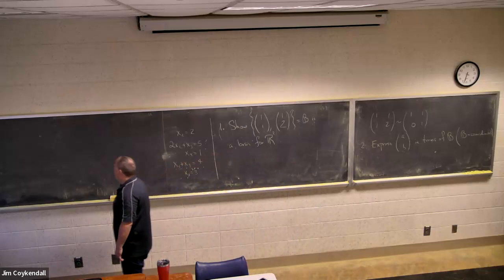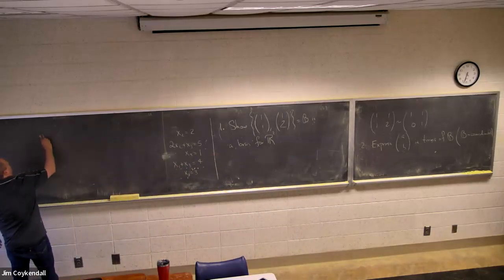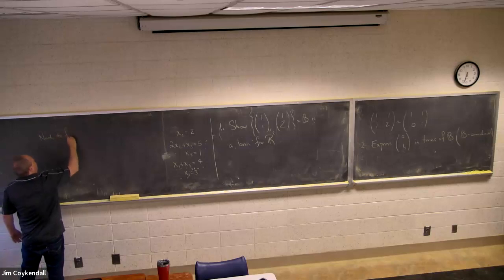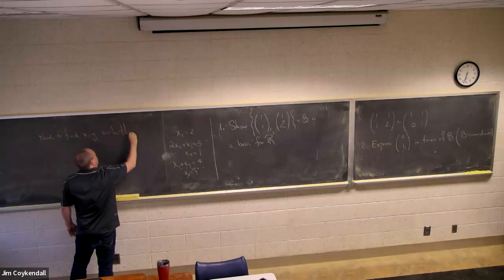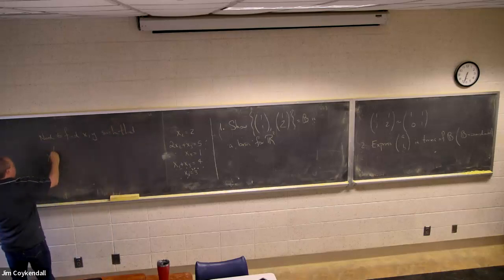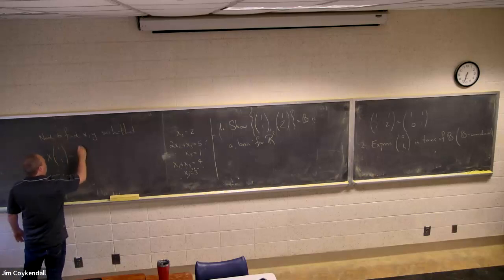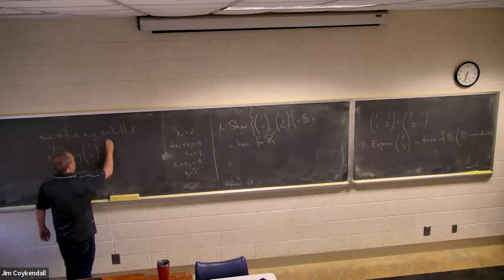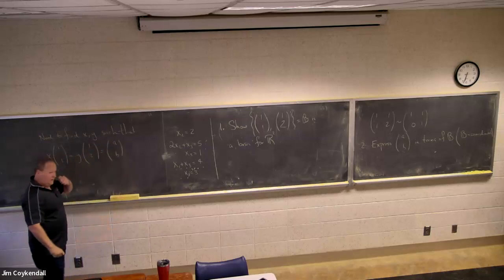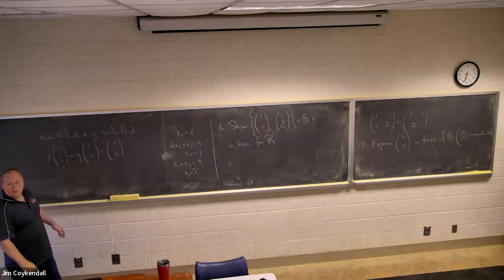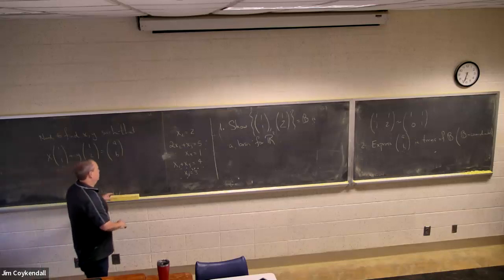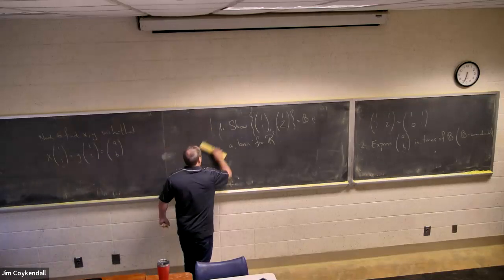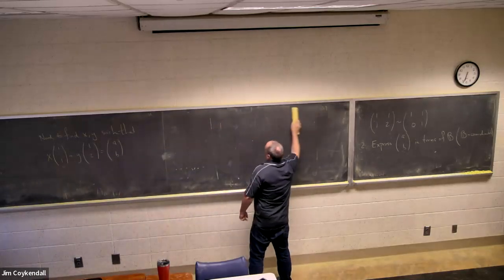With the equation. What we need to find is x and y such that x times (1,1) plus y times (1,2) is equal to (a, b). So given a and b, I need to find the appropriate x and y. Agree? So what do we do? This is just a system of two equations, is it not?